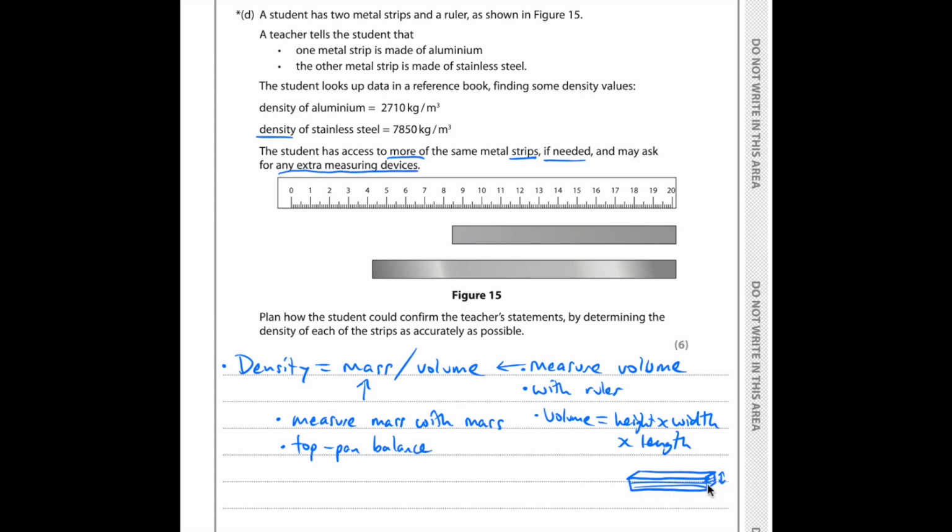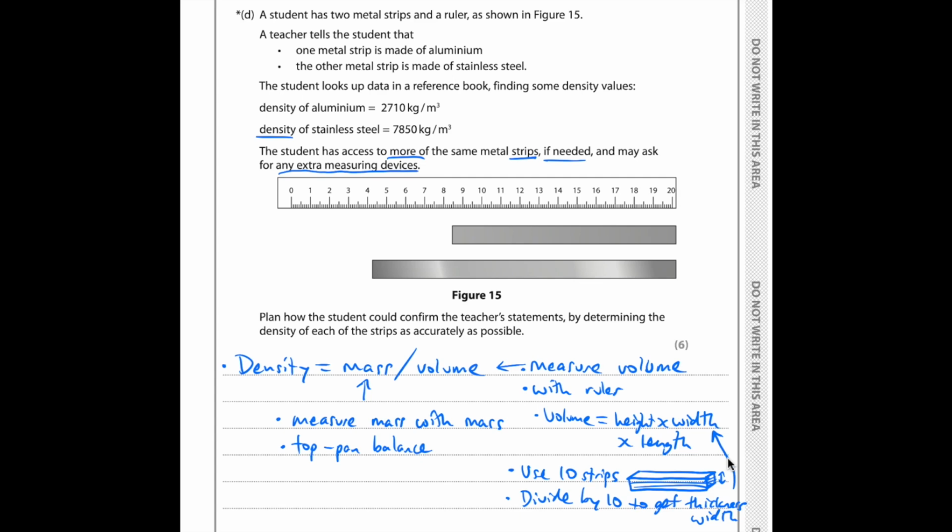So if we get 10 strips, we can then divide by 10 to get the thickness, or the width.